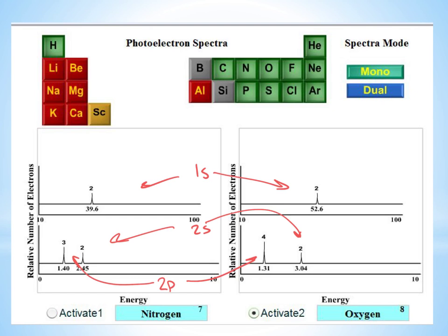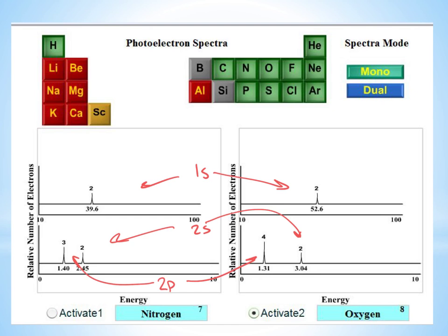First of all, as we established, oxygen's electrons in the 1s orbital are held more tightly due to a stronger effective nuclear charge. 1 more proton in oxygen than nitrogen means those 2 electrons are experiencing a stronger effective nuclear charge. Now the 2s electrons, which are this peak over here and this peak over here, show less of a drastic change in the energy, 2.45 for nitrogen, but 3.04. It is slightly higher for oxygen, again, due to the increased number of protons.